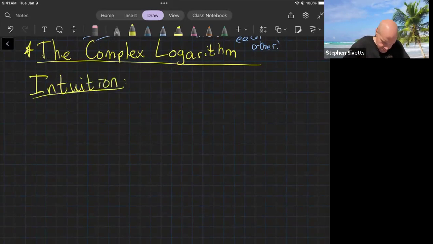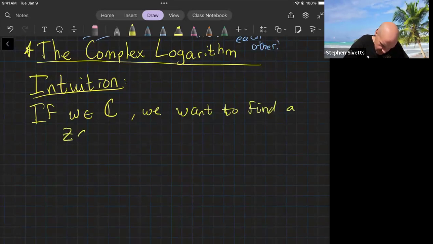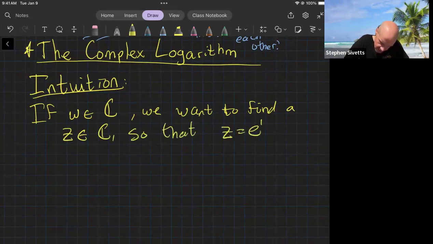So for any w in the complex plane, we want to find a point z in the complex plane so that z equals e to the w.